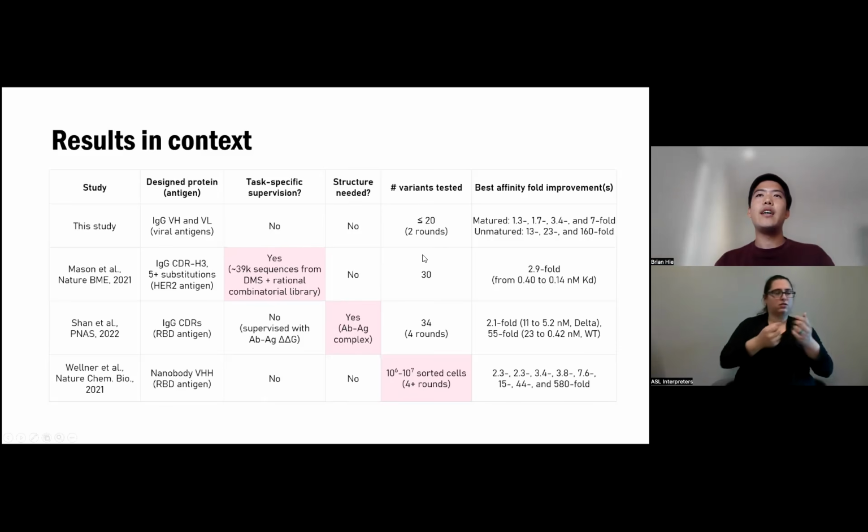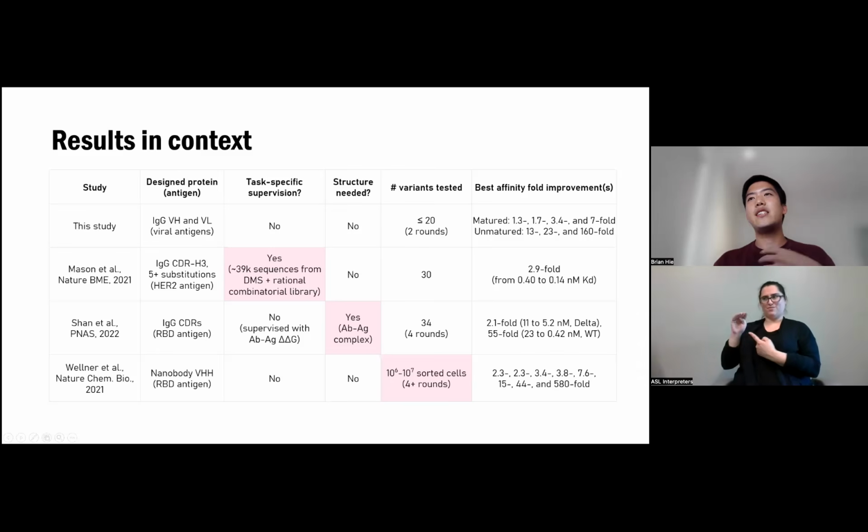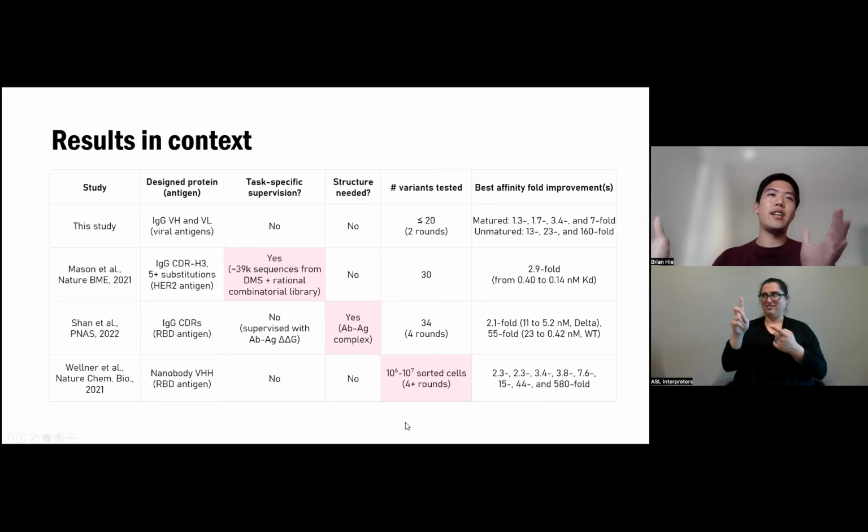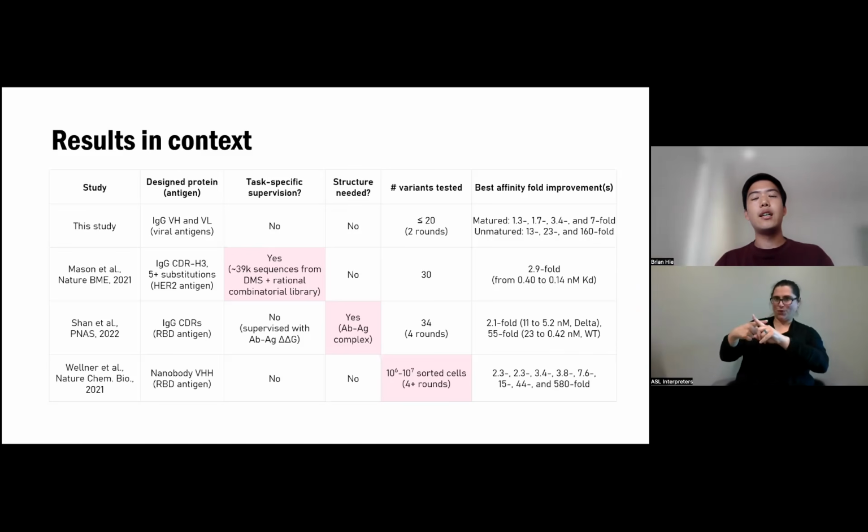So I thought it was a very promising signal, at least, that we're getting within the same range of fold improvements in KD as these other studies. Of course, these are not directly comparable, but still, it's a very promising signal.